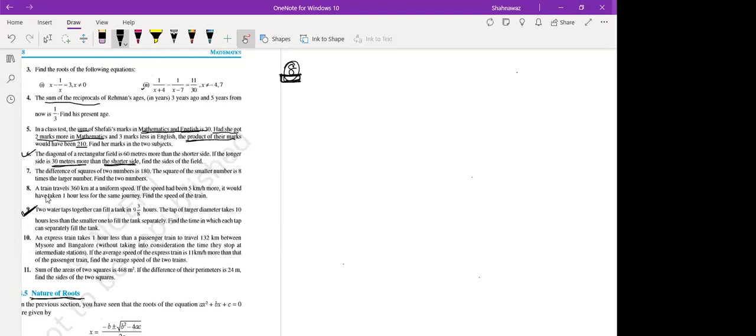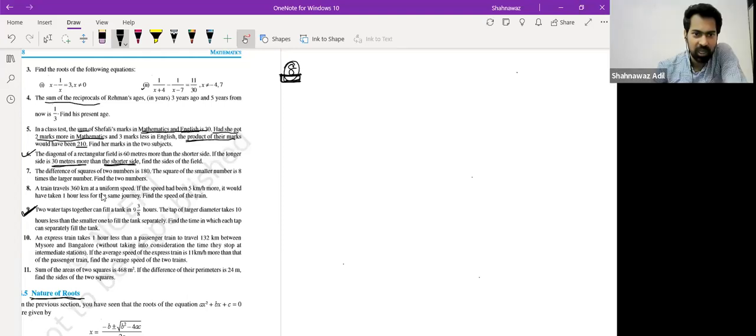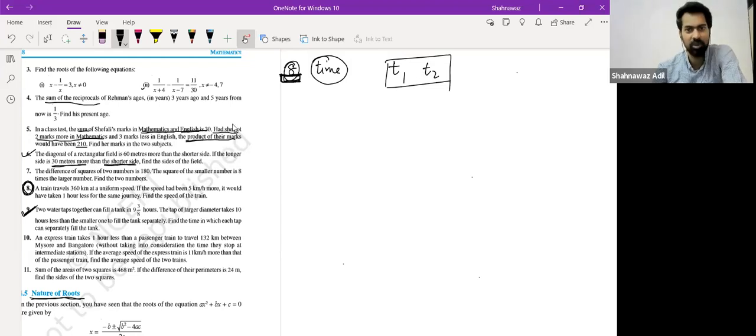Okay, so a train travels 360 km at a uniform speed, right? Whenever these kinds of questions are given, just think about the time. We have to think about time t1 and t2 and the difference. This is the only idea that we use. Whenever there is this type of question, train, aeroplane, bullock cart, or scooter, just think about time.